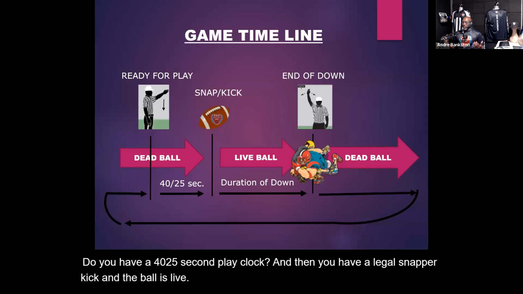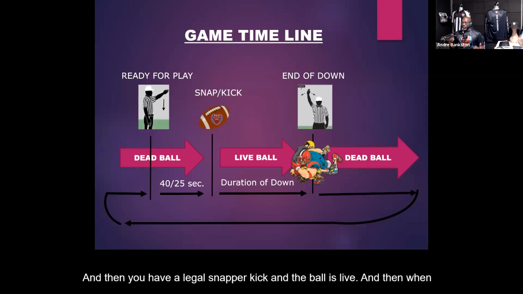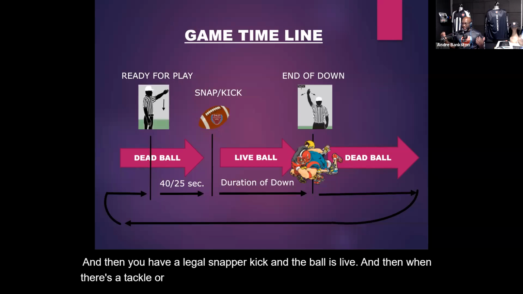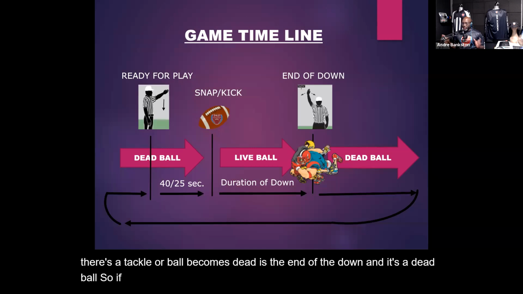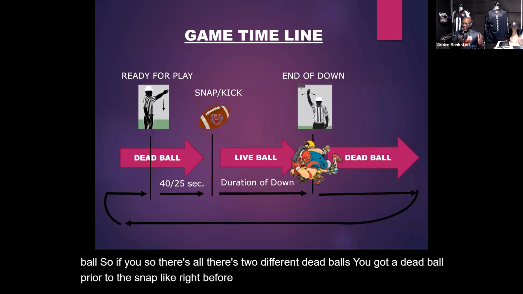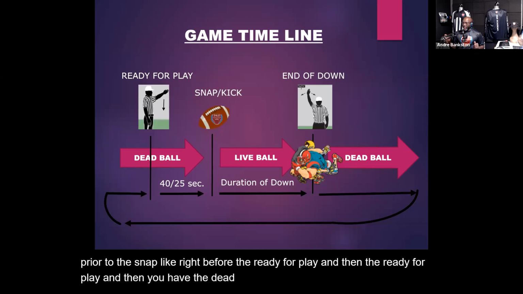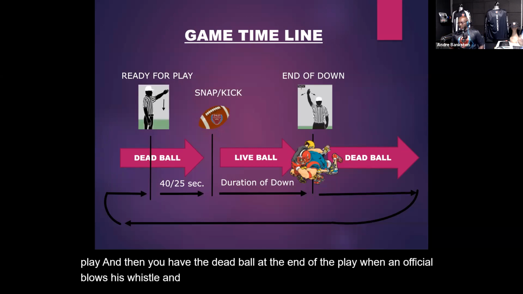And then when there's a tackle or the ball becomes dead, that is the end of the down, and it's a dead ball. So there are two different dead balls. You have a dead ball prior to the snap, right before the ready for play, and then you have a dead ball at the end of the play, when an official blows his whistle and kills the down.